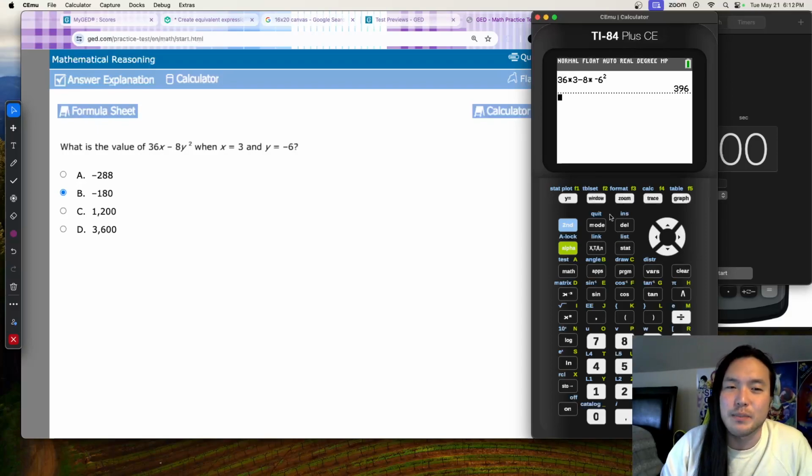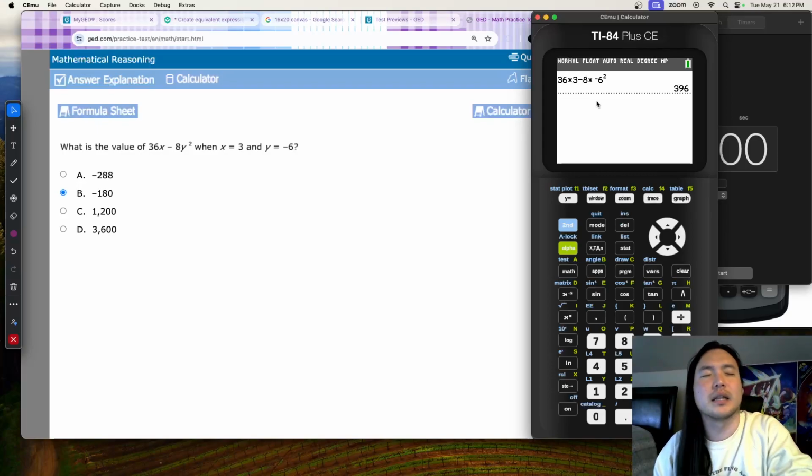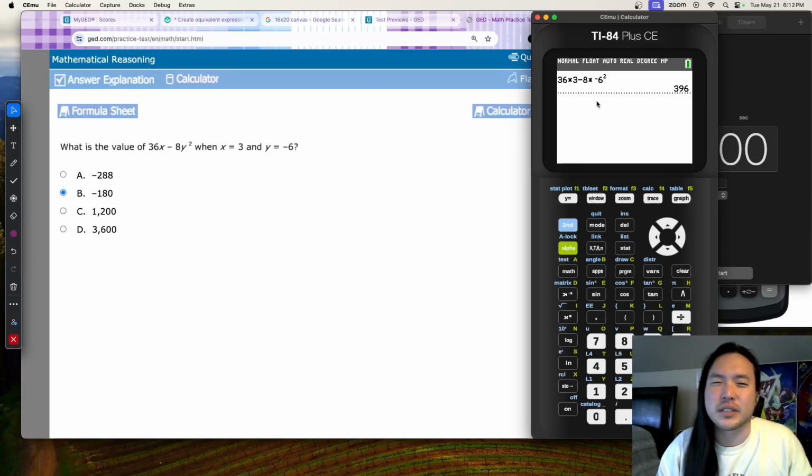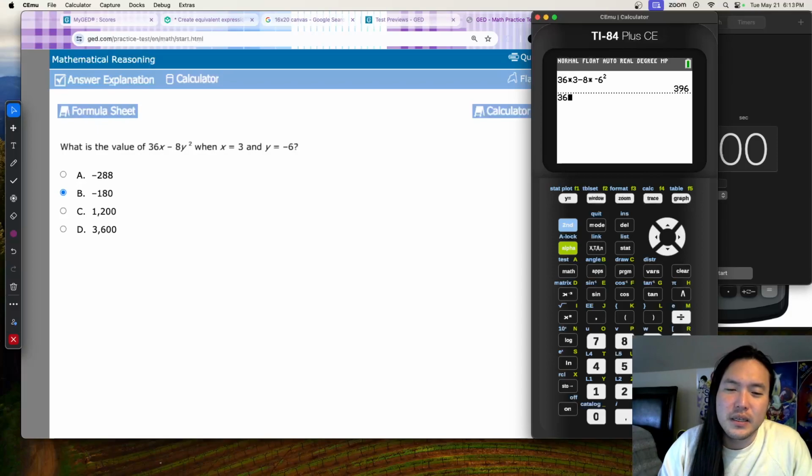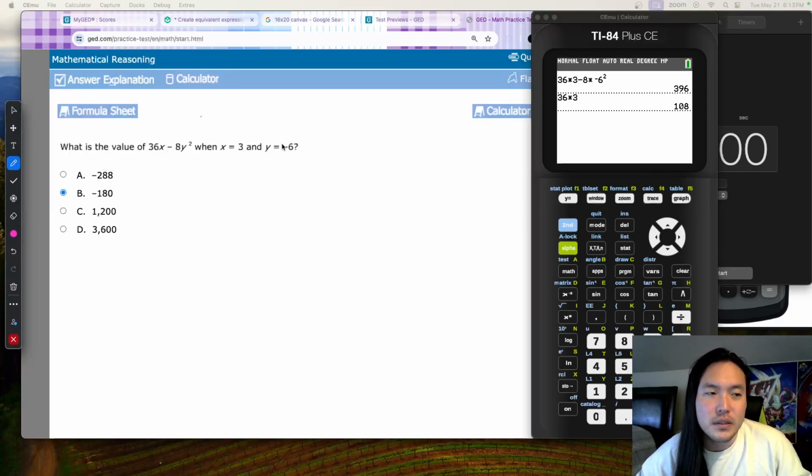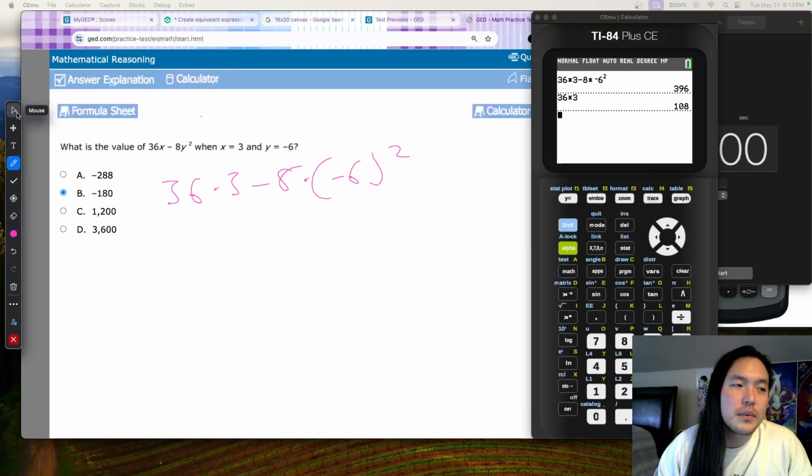Just keep it super simple. The more combinations of calculations that you try to do in one line, the higher the likelihood that there's going to be a mistake in what you typed in. So here I would just stick to the basics. 36 times 3. Definitely I would write it out by hand first. Just 36 times 3 minus 8 times negative 6 squared.